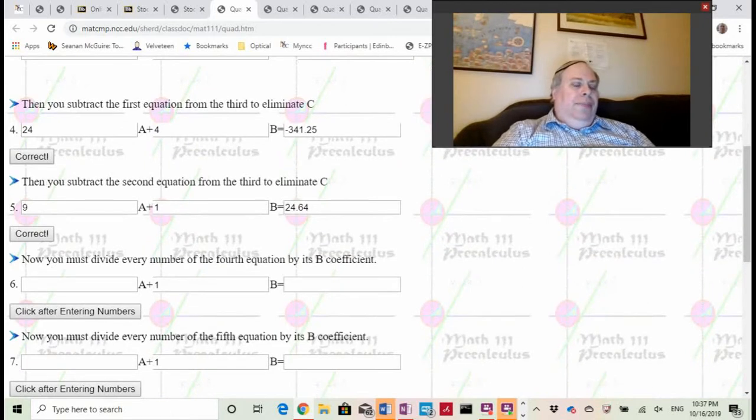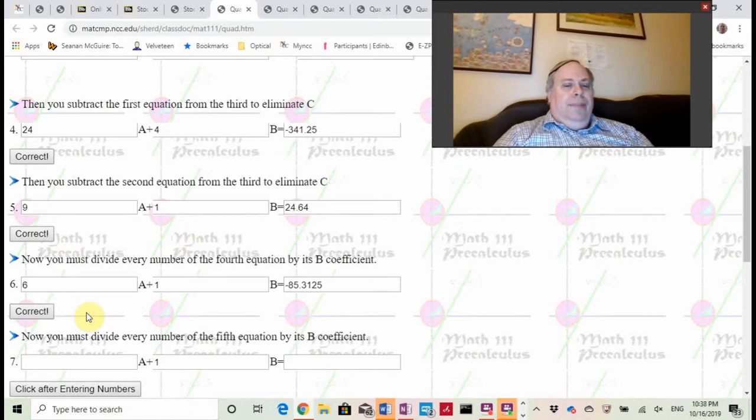Now I'm going to divide every number by 4 in this equation. 24 over 4 is 6, 4 over 4 is 1, and negative 341.25 over 4 is negative 85.3125.